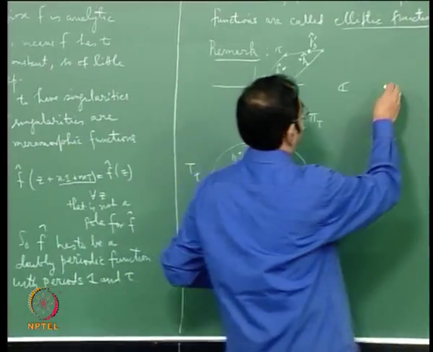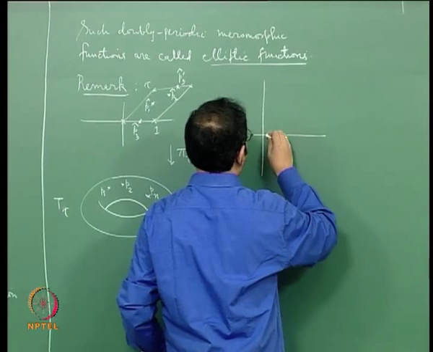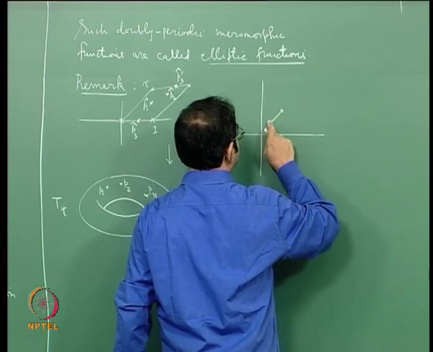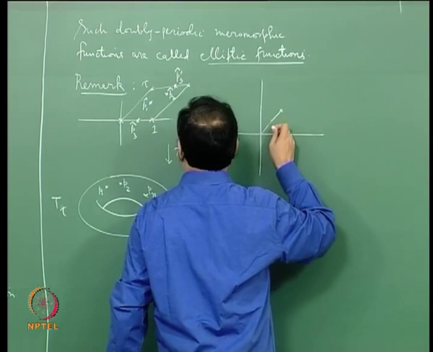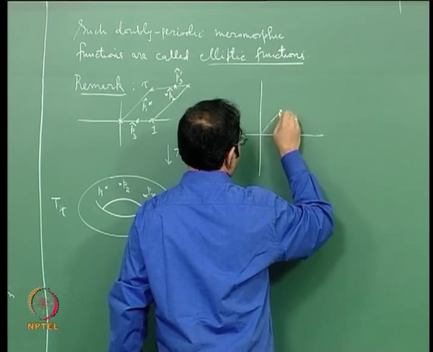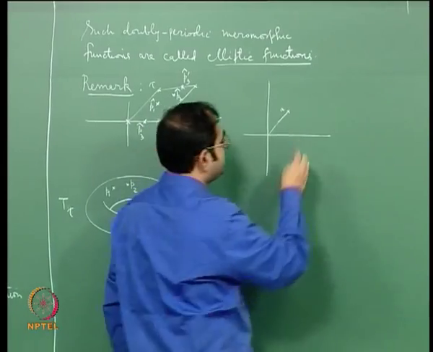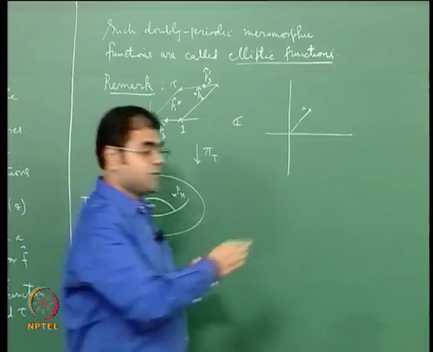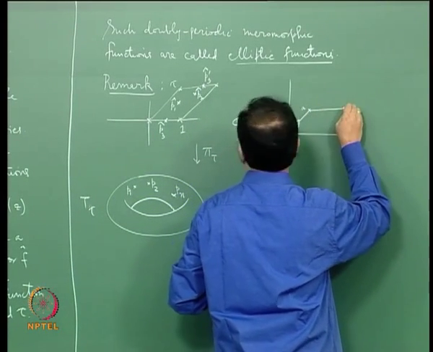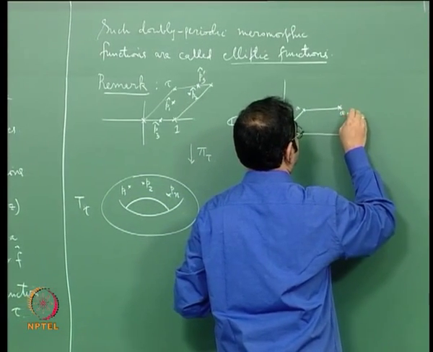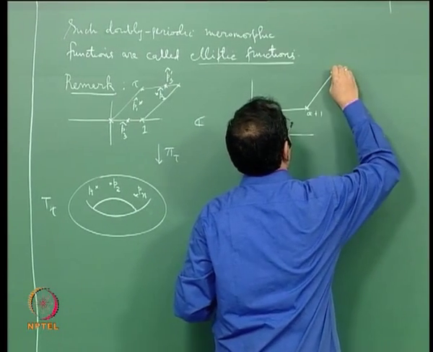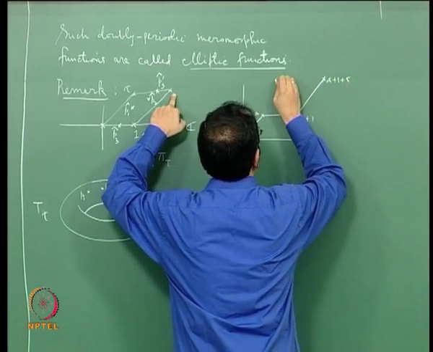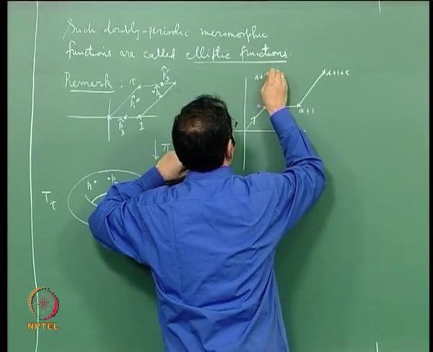So I can actually choose an A, a complex number, I'm trying to think of them as vectors, such that if I now draw this parallelogram and translate it by this A, then what I will get is A, A plus 1, then A plus 1 plus tau, then here A plus tau.